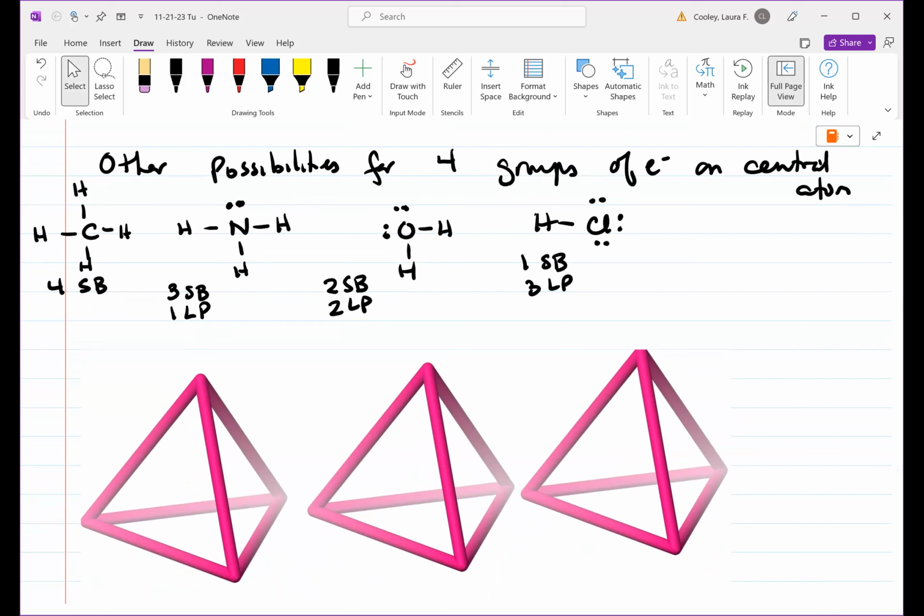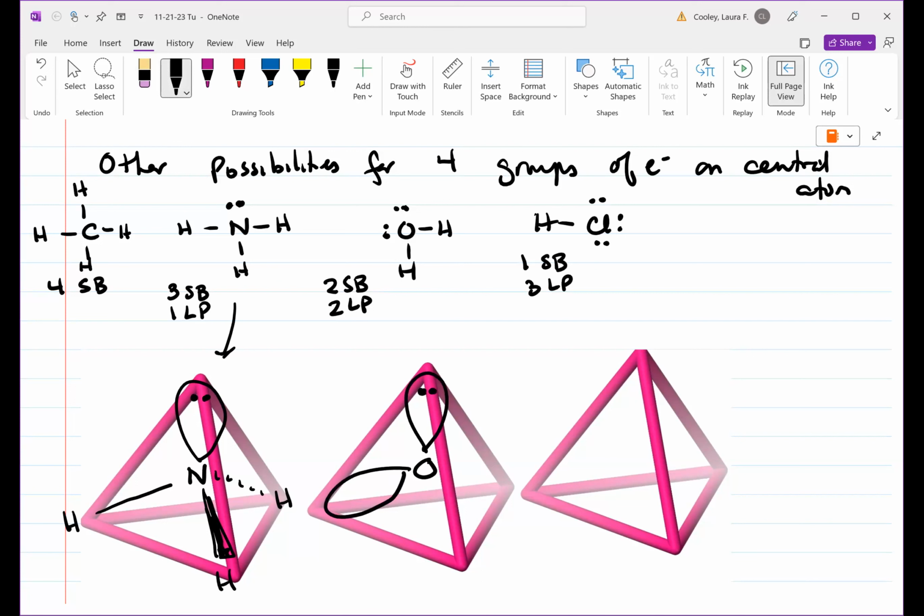So I already drew you the methane example. Here's the NH3 example. I should draw a dotted line going back, sideways lines. And then you have this lone pair, okay? So that's that example. Then I could have oxygen in the middle, with a lone pair here and a lone pair going this way, and then my bonds coming forward and going back.